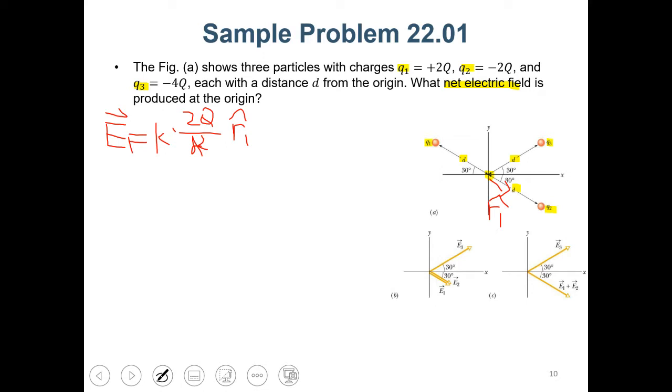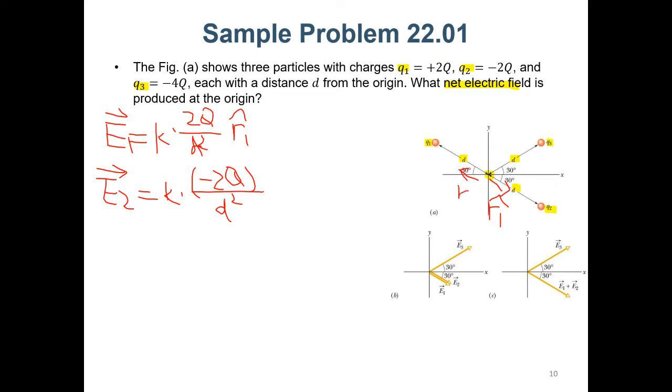And then for E2, we have K, the charge Q2 is negative 2Q, over d squared. And actually R2 is in the opposite direction, which means it is actually minus R1 hat.